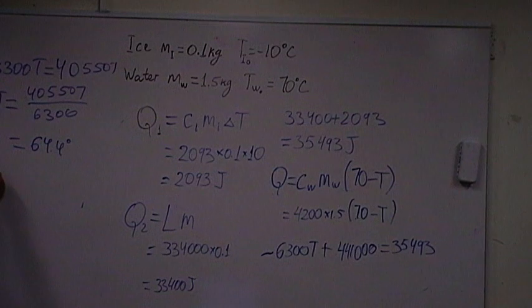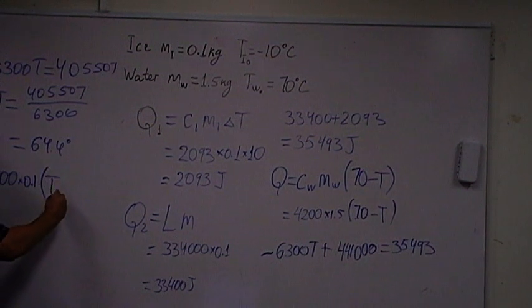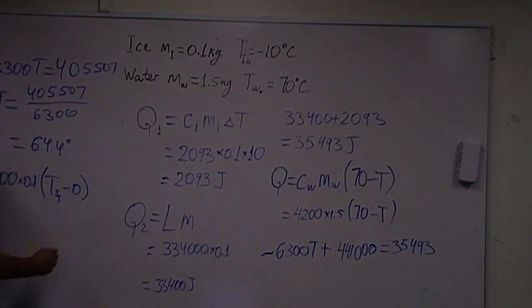It will receive C, which is 4,200, times mass of the cold water, 0.1, and now change of the temperature, final temperature minus 0. That's how much heat cold water will get.